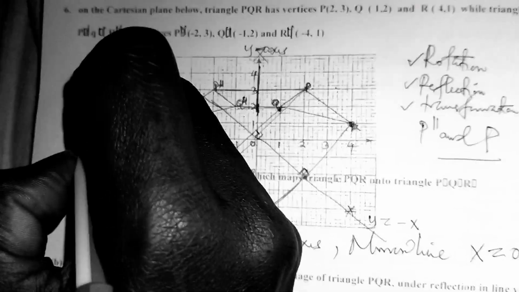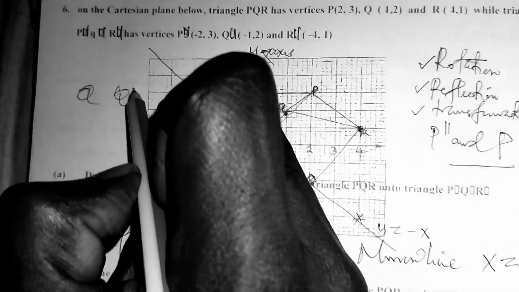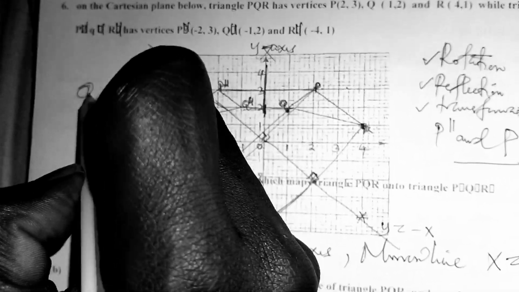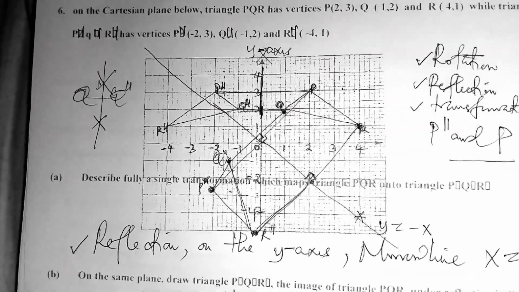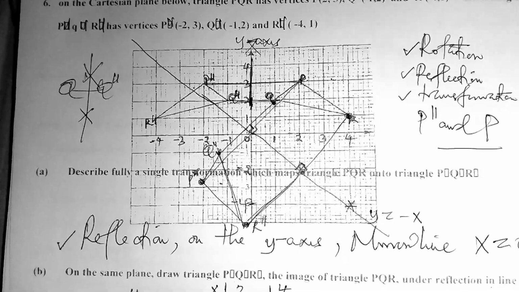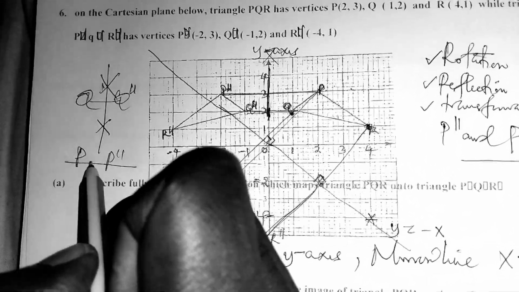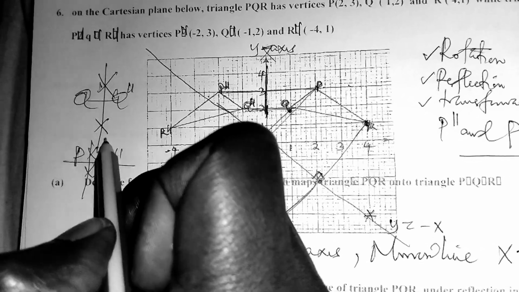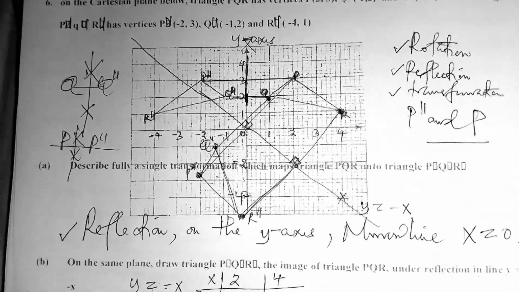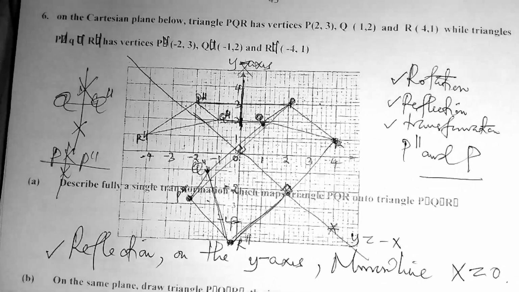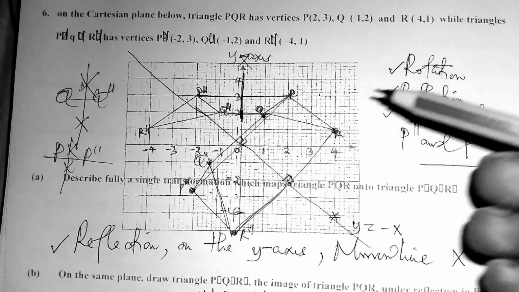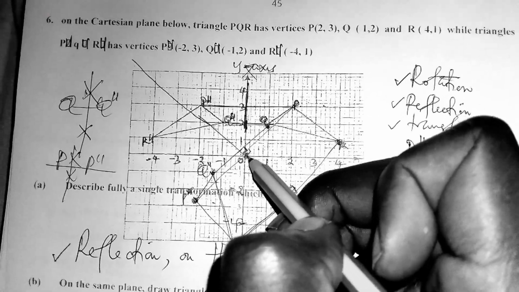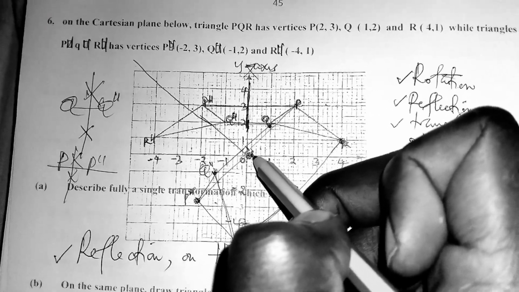If it is Q and Q double prime, then bisect that line. Again, join another one. If it is P and P double prime, join those 2 points, then bisect that line. Where the 2 bisectors meet, that becomes the center. So for this one, you'll realize it is a rotation, obviously from the origin.